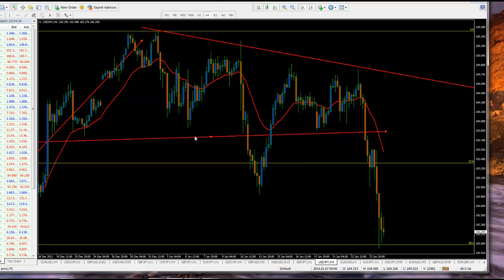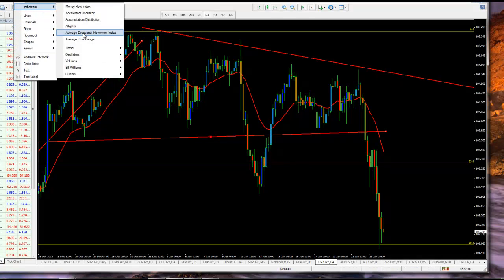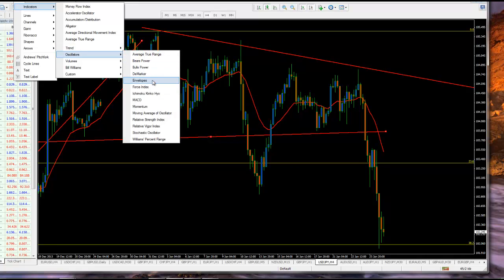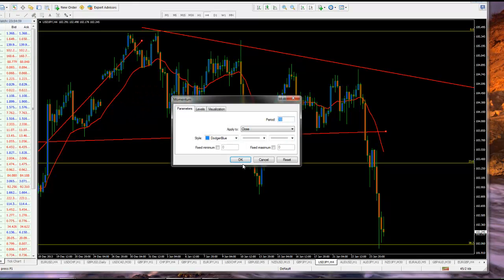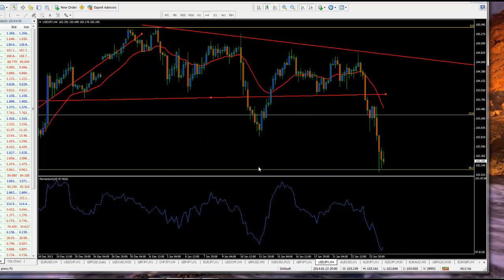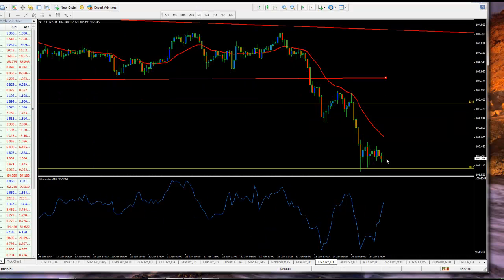But I think if we bring in a momentum oscillator, we can see that the momentum is still going down. You know, an Elliott wave is somewhat of an art. It's art and science. But you can see here at the 4 hour, the impulse momentum is still going down. This seems to be a consolidation, and I would expect, let's drop down to the hourly. Yep, look at the triangle on the hourly.